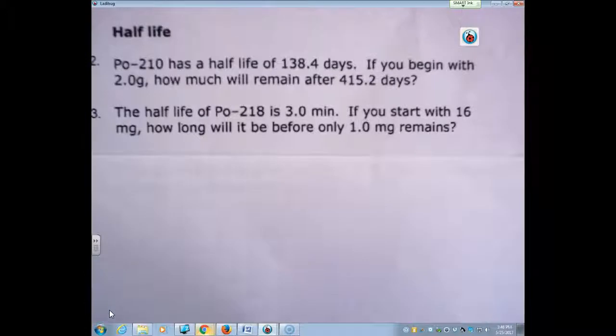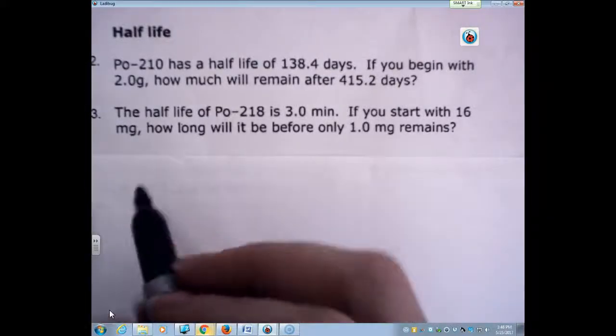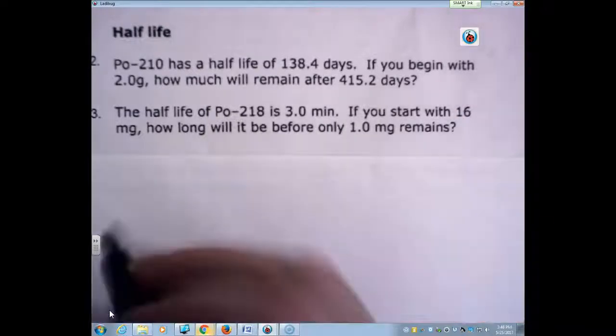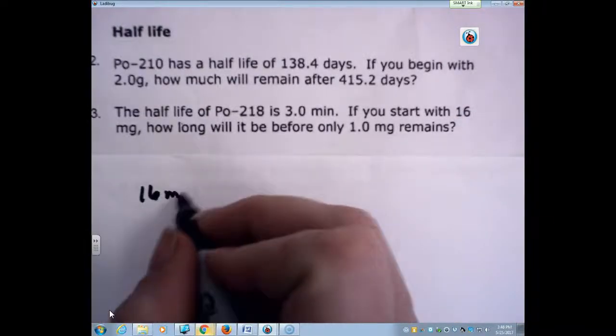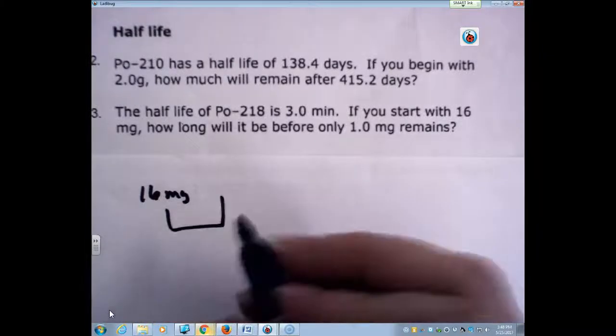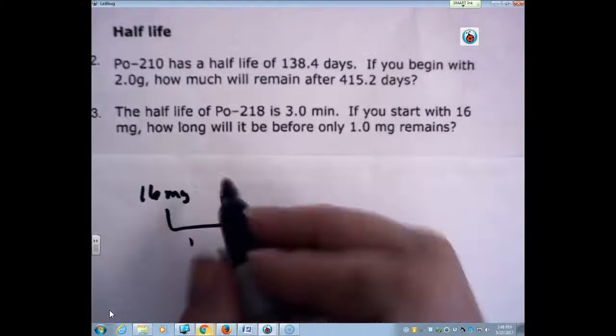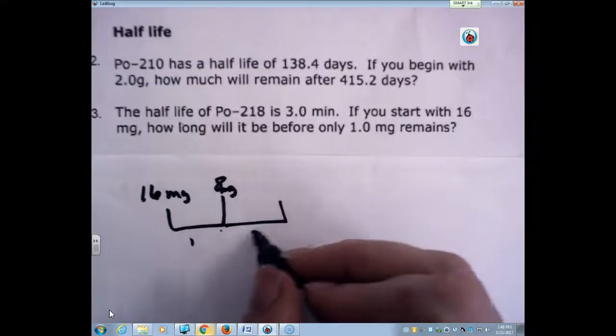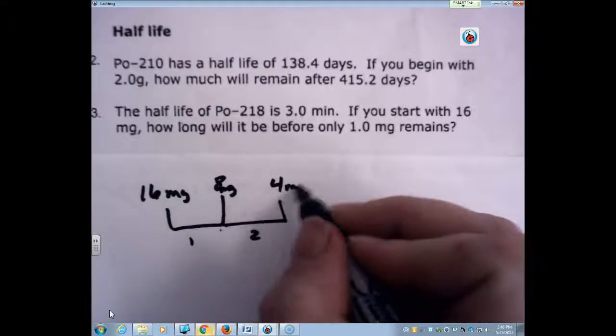First, we have to figure out how many half-lives have gone by, and since we don't have 2 times, we're going to have to deal with the 2 amounts that were given. So you start with 16 milligrams, and we're going to cut that in half until we get to 1 milligram. So after the first half-life, we would have 8 milligrams. After the second half-life, we would have 4 milligrams.